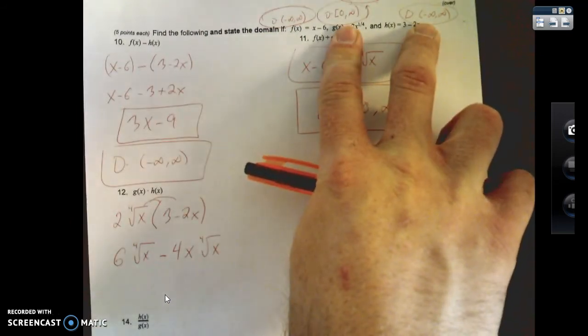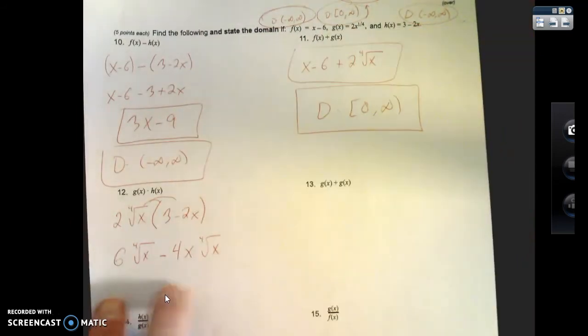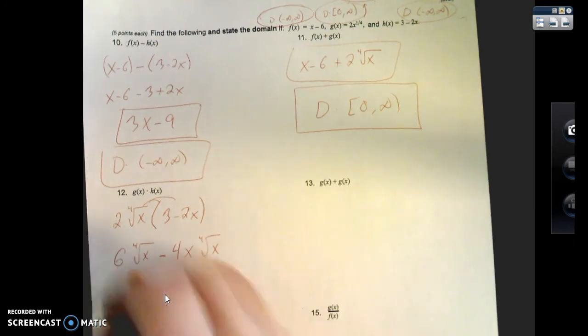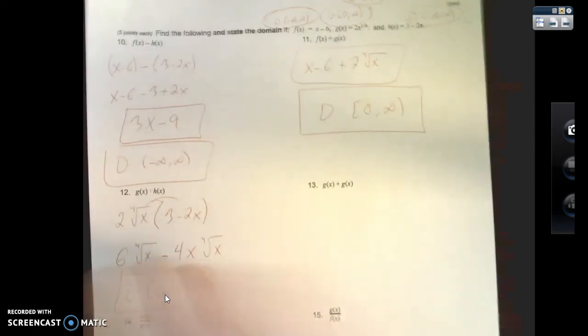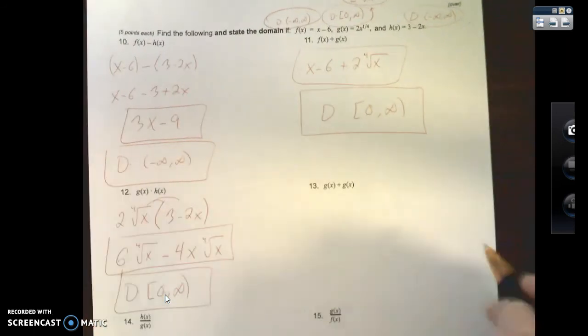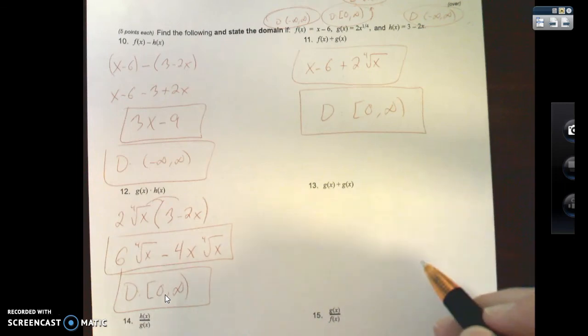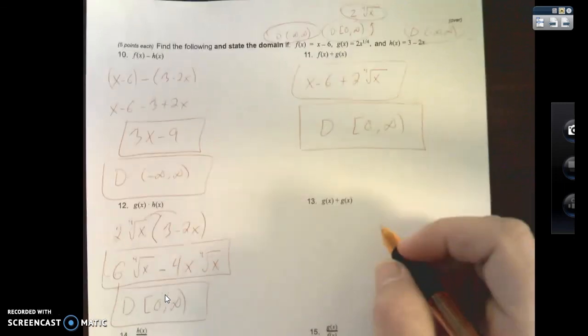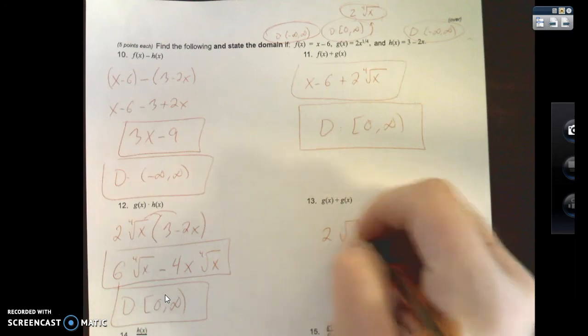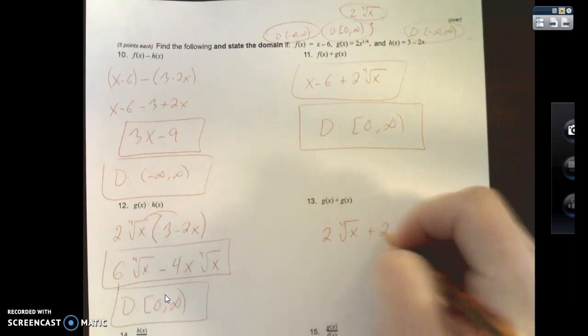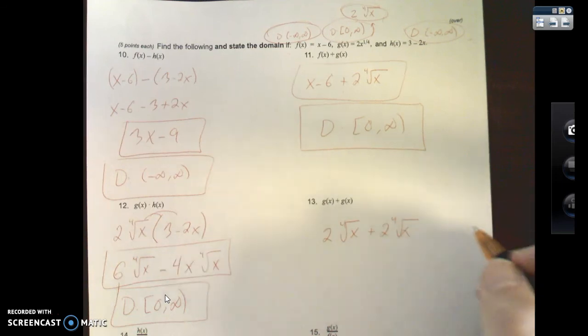Well, looking at my two domains up here, which one's more restrictive? Okay, this one. If I recheck my answer down here, all it is still just even powered roots. So we're okay. My domain starts at 0, goes to infinity. Cool. G of x plus g of x. Okay, so I have the 2 fourth root of x plus 2 fourth root of x.